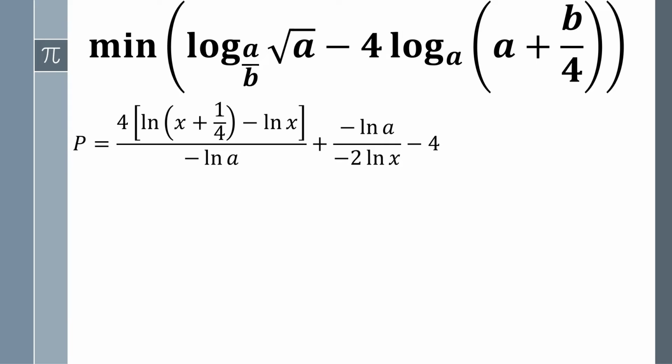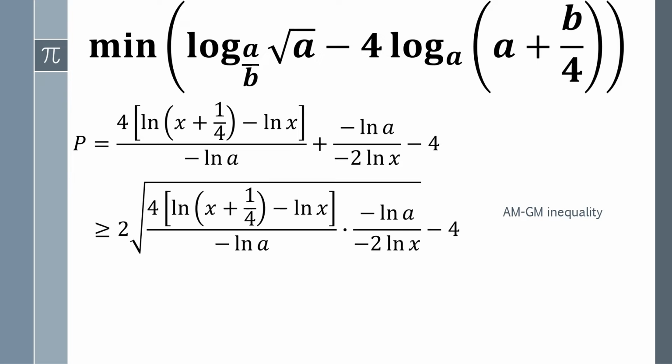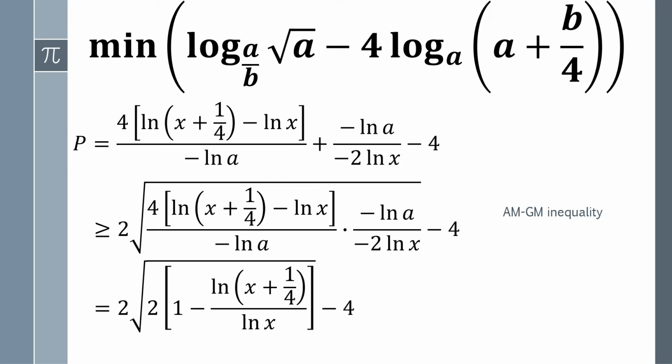Note that minus log a appears as a denominator in the first expression and the numerator in the second expression. This reminds us of the AM-GM inequality. By applying this inequality, minus log a can be cancelled, leaving only the function of x in the expression. Note that in this inequality, the equal sign holds when the two fractions equal each other, which we will use later.